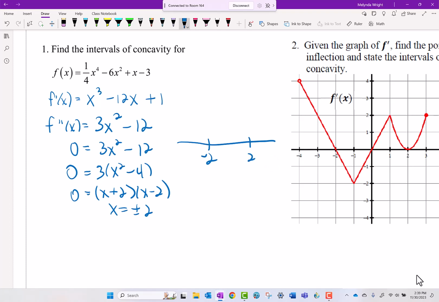So here's what is important. Where do I plug in? Remember, I've got to pick sample numbers from each of these sections to test. What equation do I go to test them in? I go to the equation I got the numbers from. Where did I get these numbers from? I got them from the second derivative, so that's the one I put the testing numbers in.